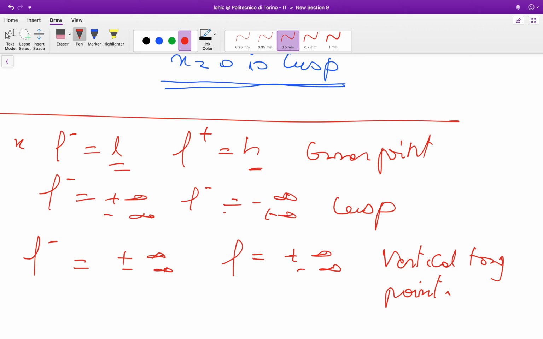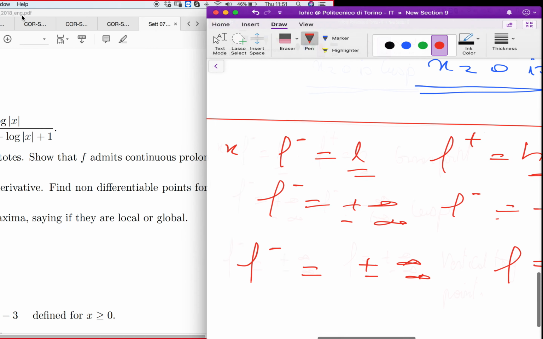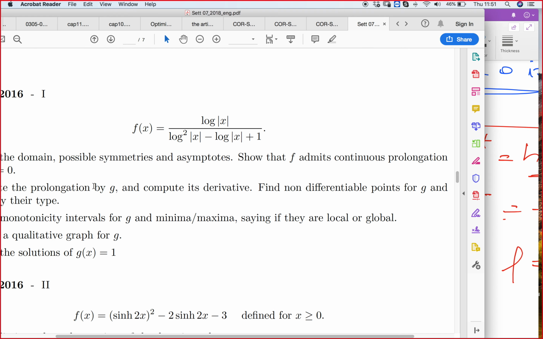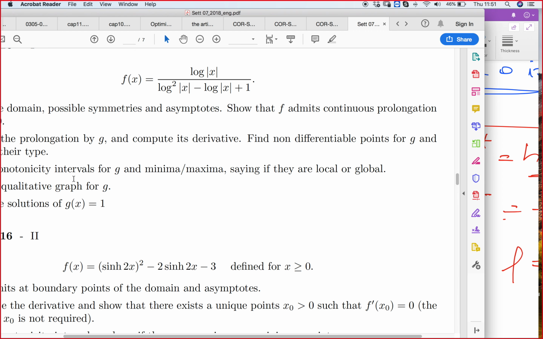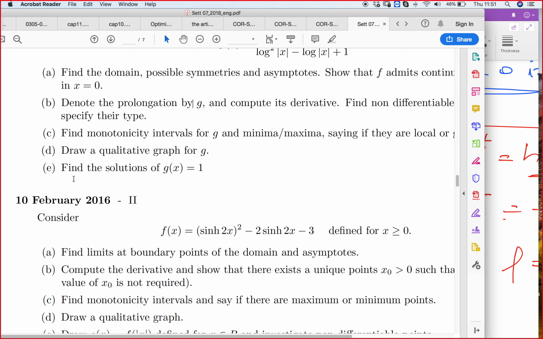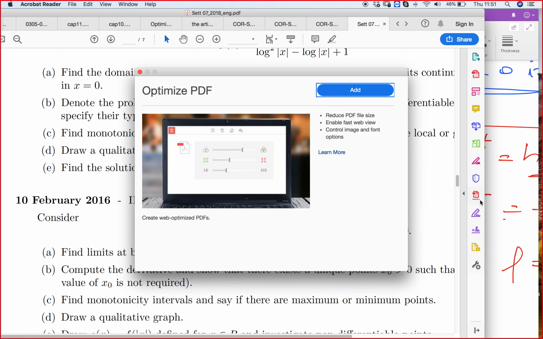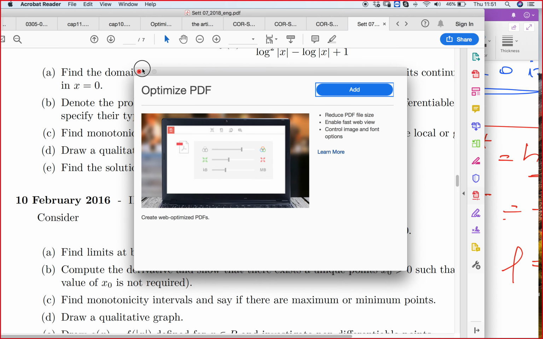Nice. So we computed our derivative. We studied the points where the function is not differentiable. Now we continue by finding the monotonicity intervals of g and the minimum and maximum, and saying if there are local or global minimum. So we need to study the monotonicity of the function.